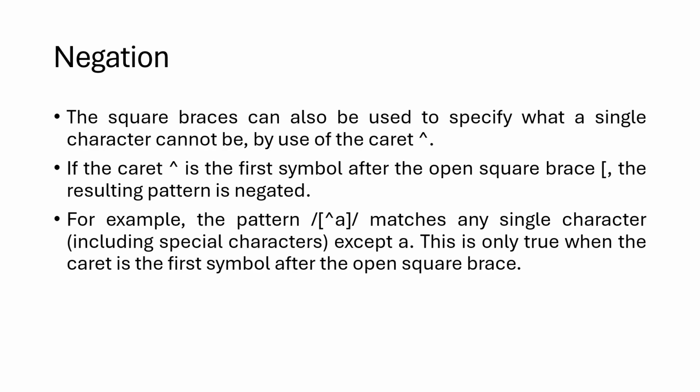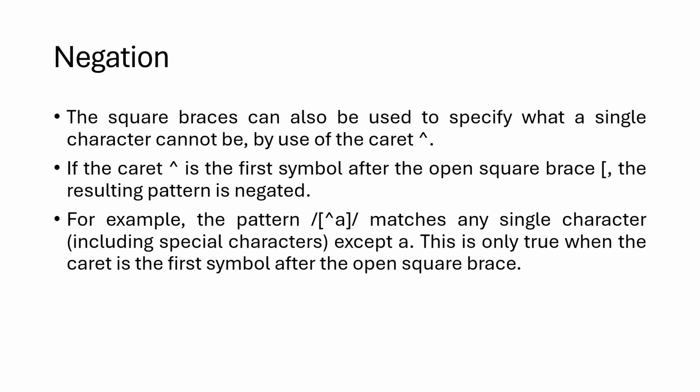Next, we can also use the negation operator to specify a single character that can be excluded. This should be used at the beginning of any pattern that you formulate. For example, when you start with the opening square bracket to specify a pattern, then at the beginning itself you should specify the caret operator, and then give the character that you don't want to match.